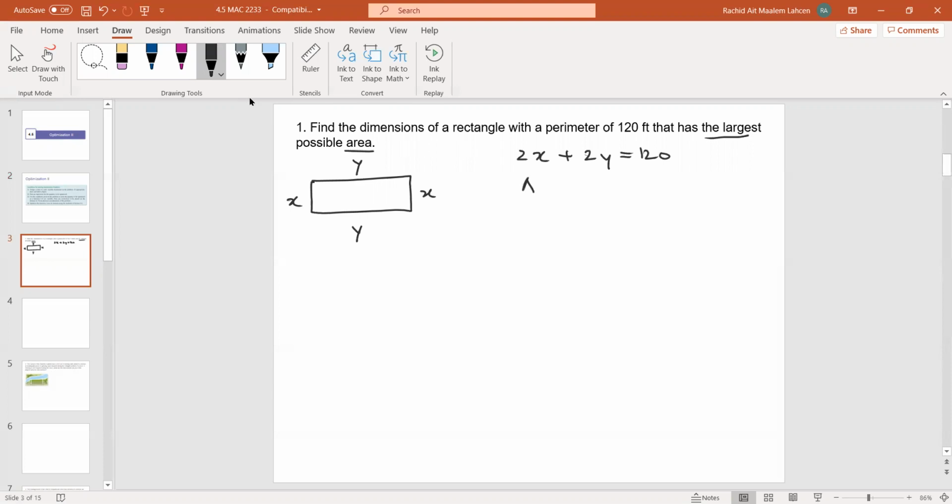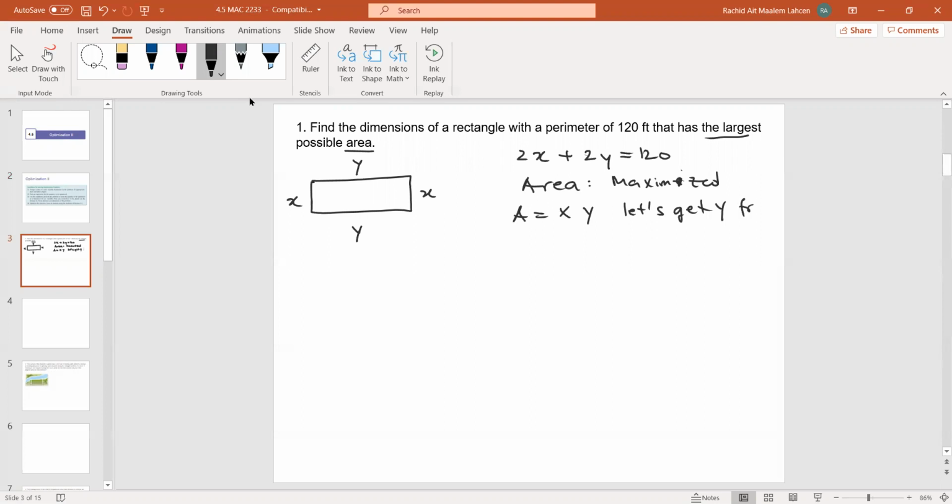So the area is the one that is maximized. And since it's the one that is maximized, we're going to focus on its equation, but we want a single variable. We don't want x and y. We want one of them.